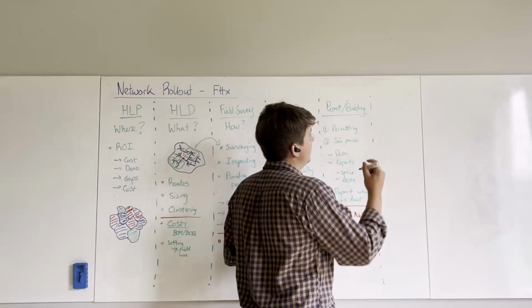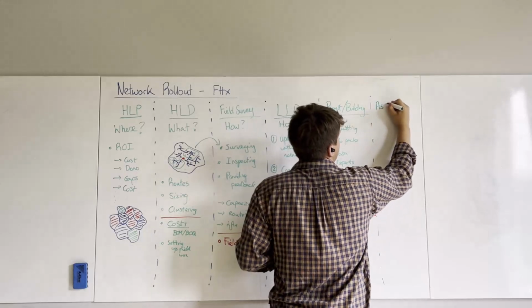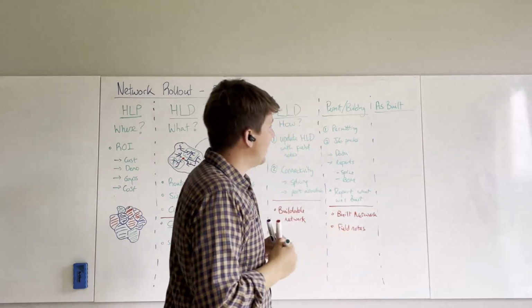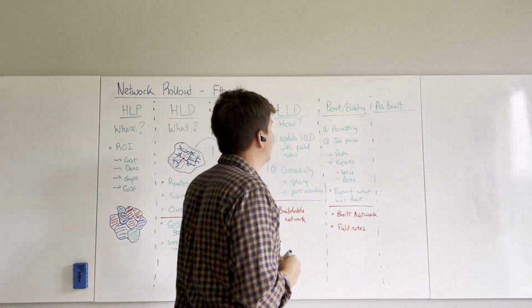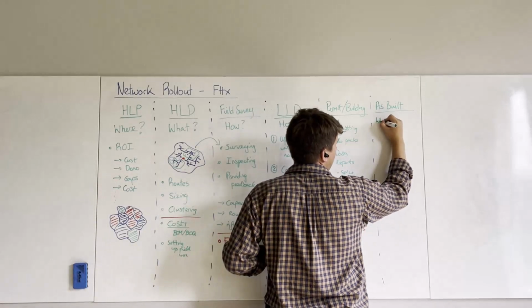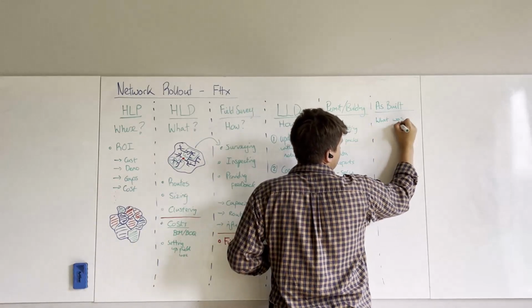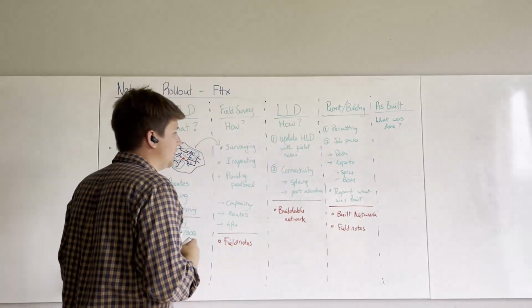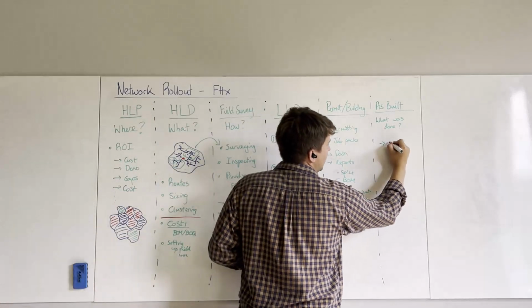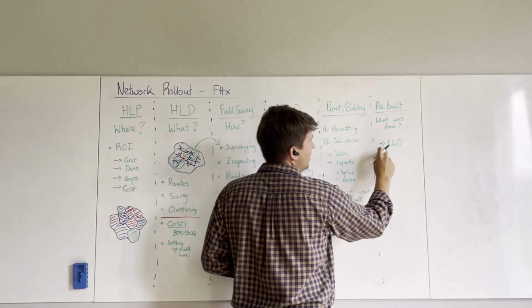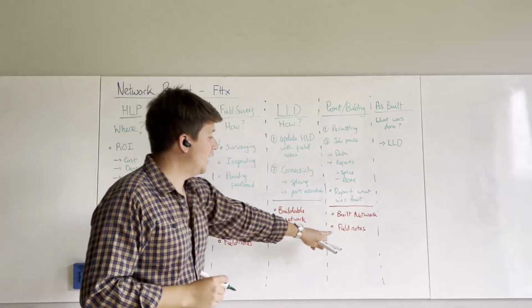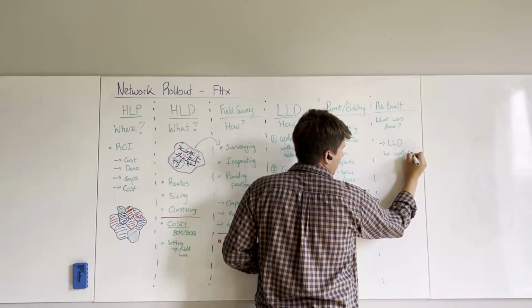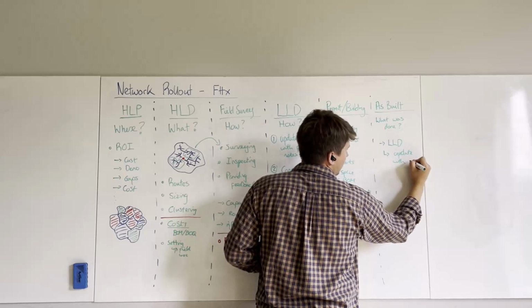And then finally, and this is not talked about nearly enough, which breaks my heart because I'm a GIS person through and through, as-built record updating. And this is kind of answering the question, we're back involved again, what was done through this process? So what you need to do is you need to take the LLD, which you'll have in your system at the moment, and you need to update it with the build notes.